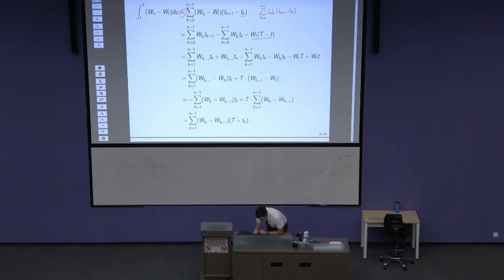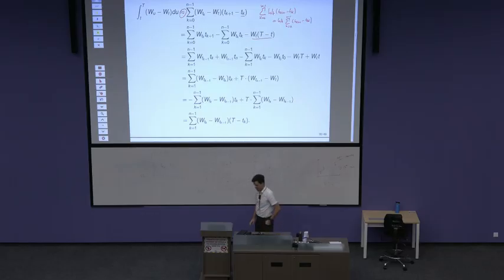This means I can write it in front of the sum, so I get W_t times the sum from 0 to n minus 1 over the times t_k plus 1 minus t_k.